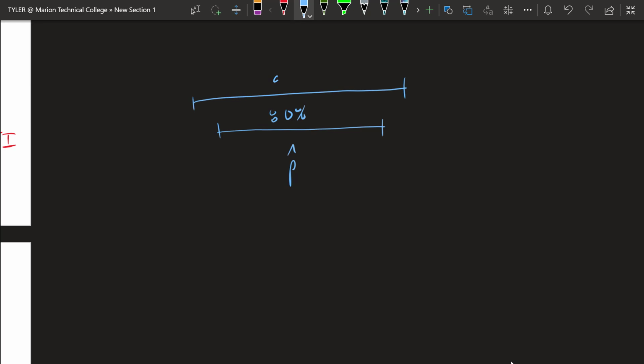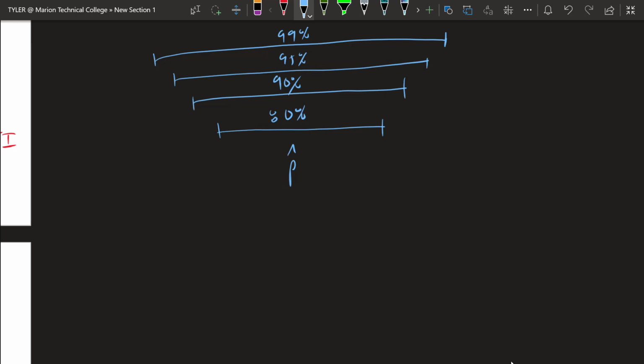But it's still going to be centered about p hat. And then 95% is going to be even wider than that. And then 99% is going to be even wider than that. Right? But they're all centered about the same value, because they all have the same p hat. Right? So as confidence level goes up, the interval gets wider.